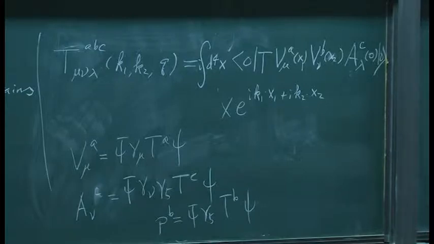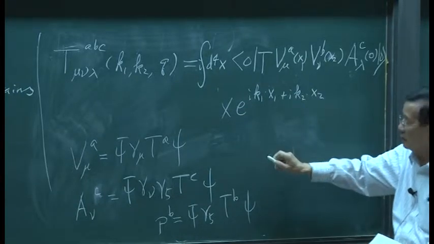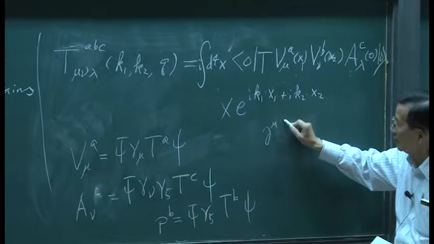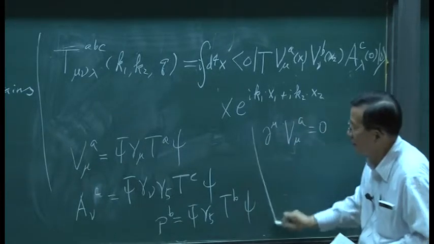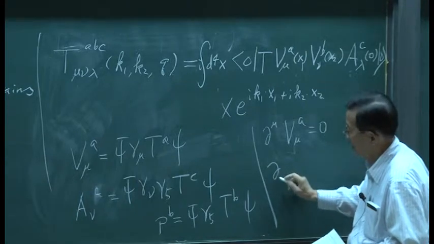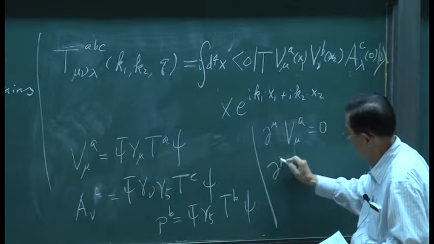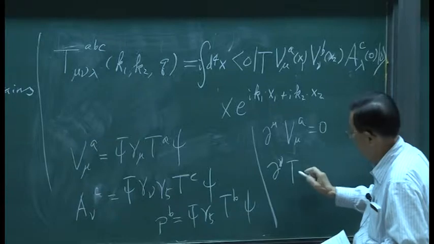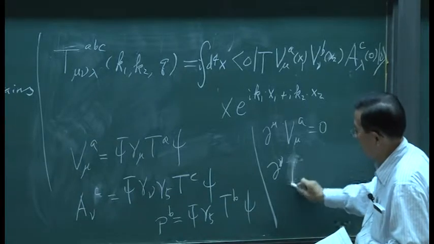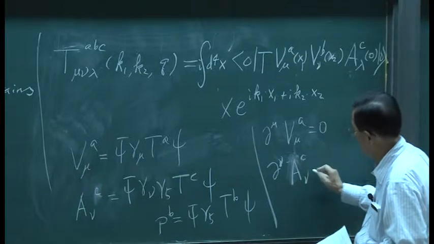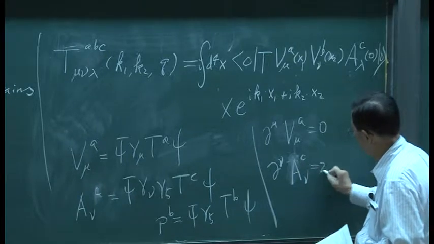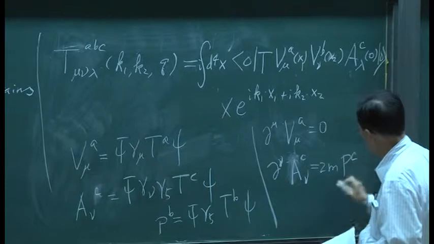I will just be very brief. The vector currents are conserved, but the axial current's divergence, ∂_μ J^μ5 not equal to 0, gives you something like 2m P^5.